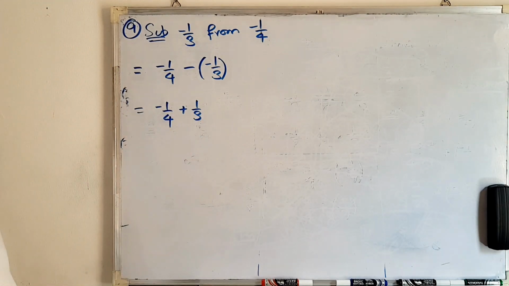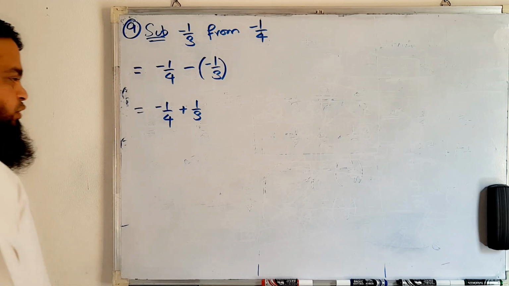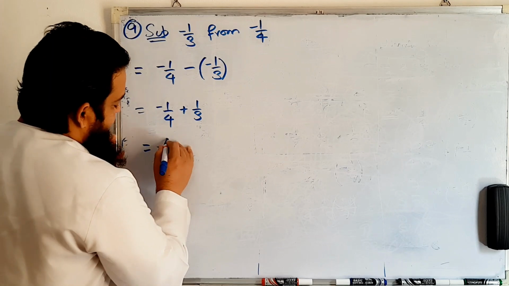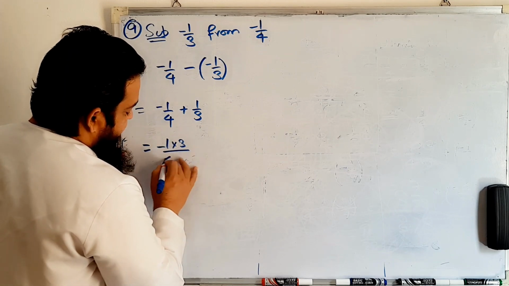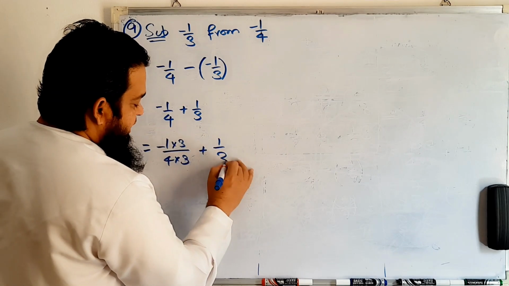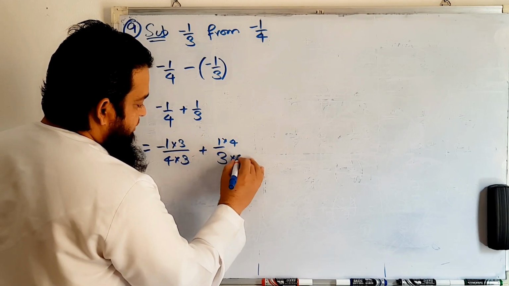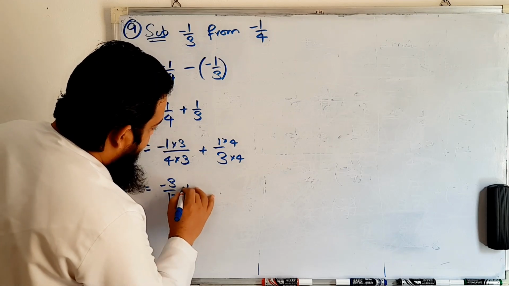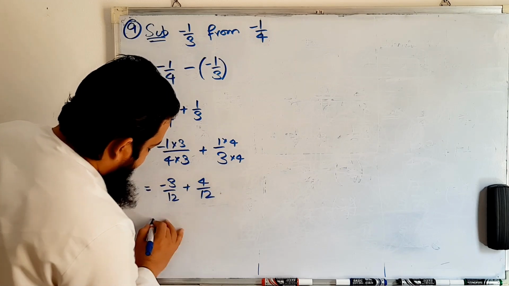And these two are co-primes. So what will be the LCM? The product, 12. So multiply minus 1 into 3 by 4 into 3, plus 1 by 3 multiplied by 4 by 4. That equals minus 3 by 12 plus 4 by 12.